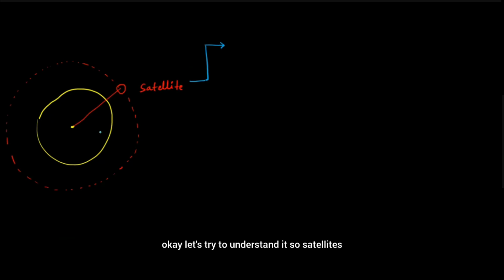Okay, let's try to understand it. So satellites are basically of two types. You must have studied it. One is man-made satellites, others are natural satellites. So let's talk about, first of all, what a satellite is.